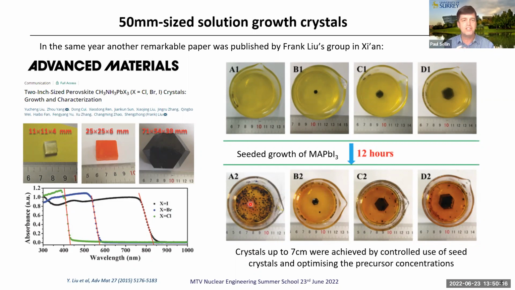Now, actually, these things grow amazingly faceted, but sometimes you get two seed crystals stuck together, and that will obviously give you an irregular growth. But there is an art to controlling it. It requires good understanding of the concentration of the precursors. It requires very careful temperature control. And there are a few other magic tricks that people tend not to talk about in public, which are all part of the mix to get these things to work rather well.